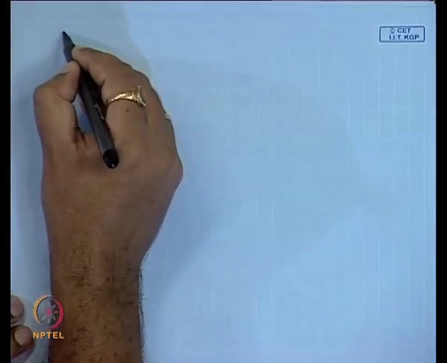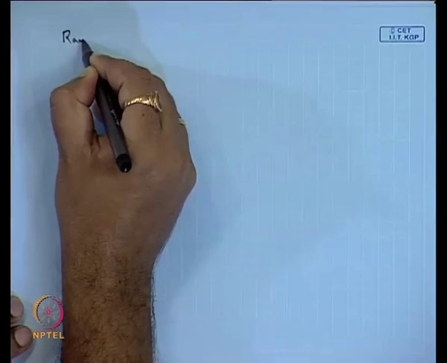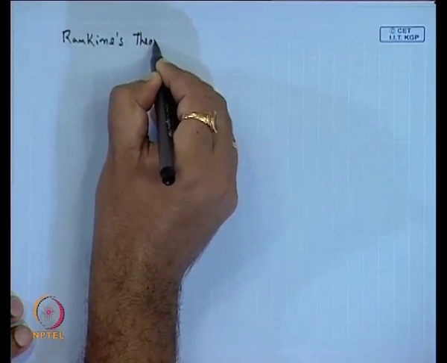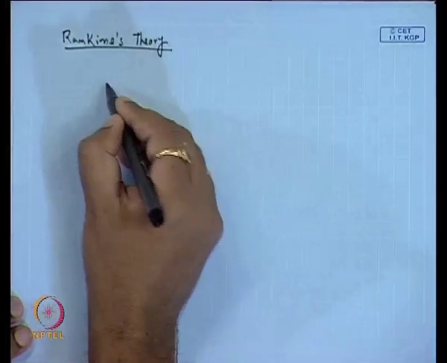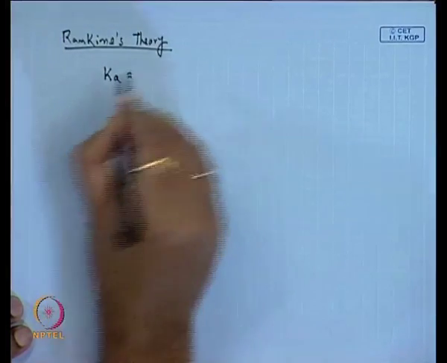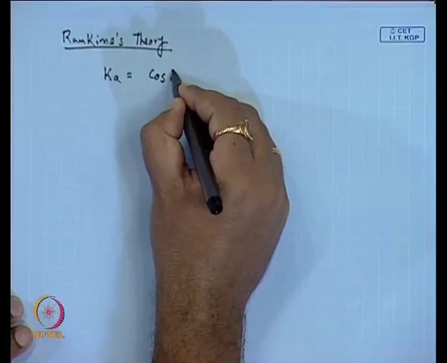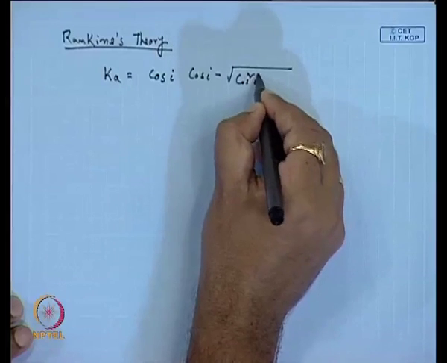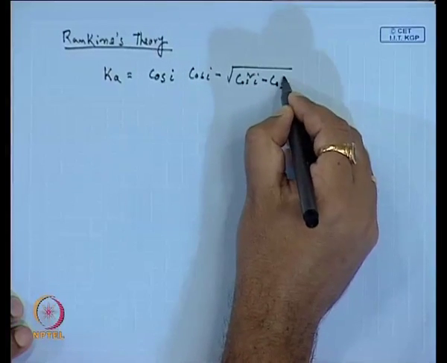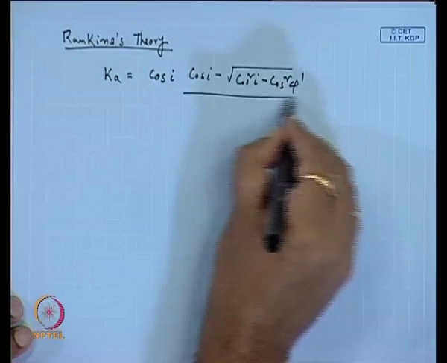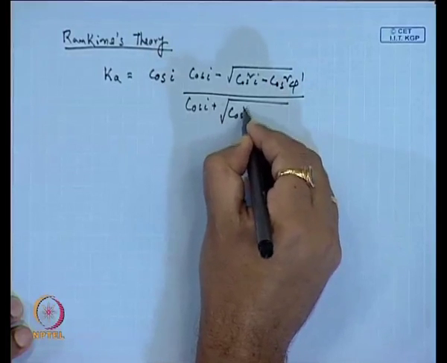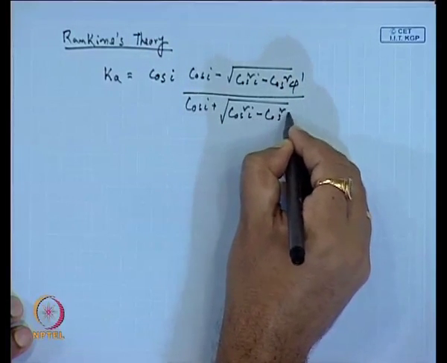Now, for this coefficient of active earth pressure, Rankine's and Coulomb's theories give different expressions. For Rankine's theory, K_A is equal to cos i into cos i minus root over cos square i minus cos square phi dash, divided by cos i plus root over cos square i minus cos square phi dash.